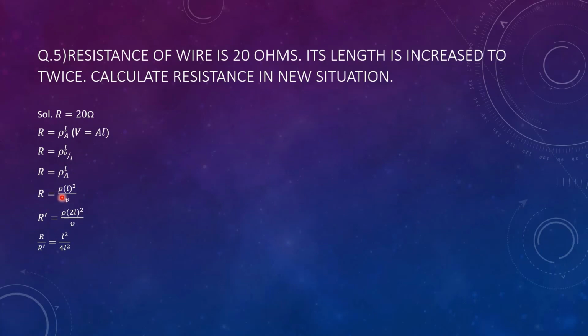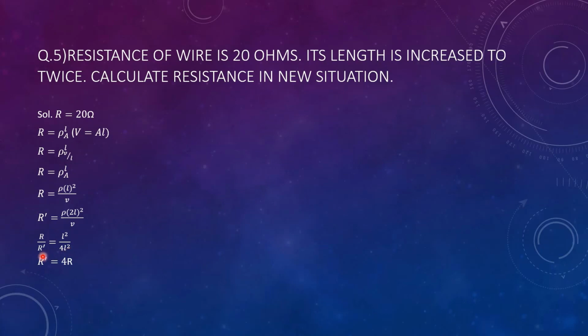Rho upon V, rho upon V, so directly we can cut. What is remaining? L square here, and 4L square here. So R upon R dash, and here L square upon 4L square. Common term L square will cut. R upon R dash equal to 1 upon 4.